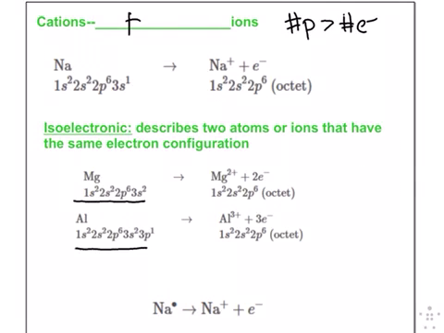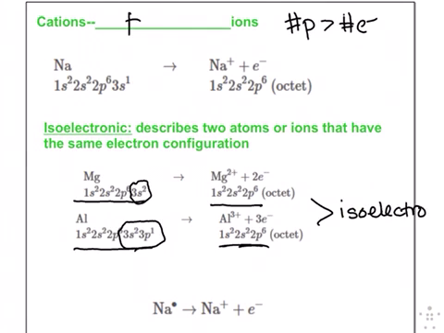Without them becoming ions, that is their electron configuration. But when magnesium loses these 2 valence electrons, it now becomes 1s2, 2s2, 2p6, which is the same electron configuration when aluminum loses its 3 valence electrons. So these 2 are known as isoelectronic ions.